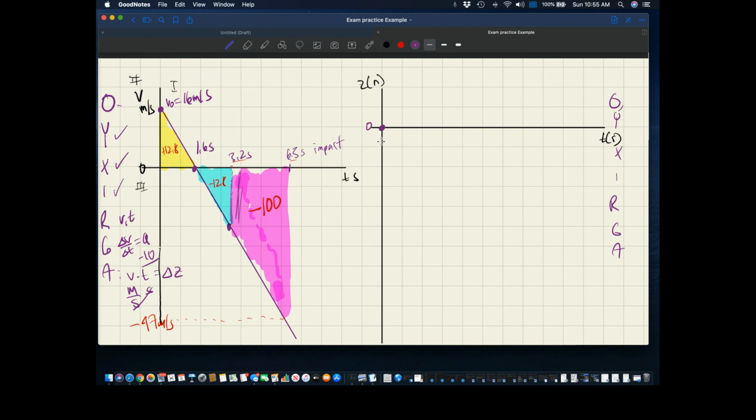And we know after 1.6 seconds, it's at its maximum height, which was 12.8 or about 13. So it's about there. And after 3.2 seconds, it's back to the same height. And we know that at 6.3 seconds, it's at minus 100. Minus 20, minus 40, minus 60, minus 80, minus 100. 4, 5, 6.3 seconds, minus 100.